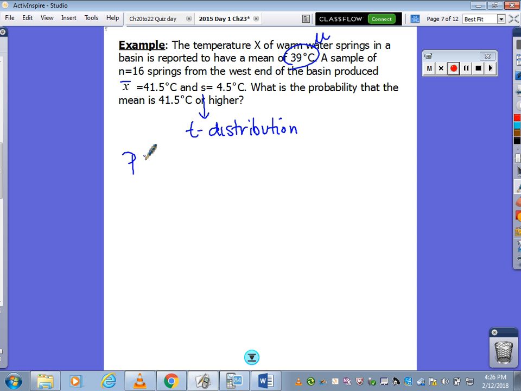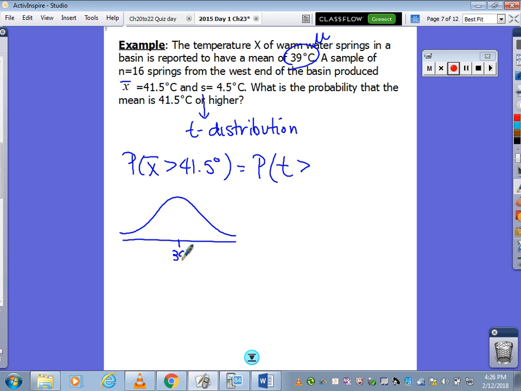We're asked to find that the mean is greater than 41.5 degrees, so we're going to have to find our test statistic. We're going to find the probability that t is greater than that. We set up our curve; we believe it's centered at 39 degrees, and we have to find the standard error.